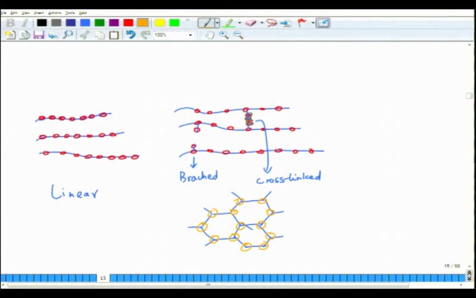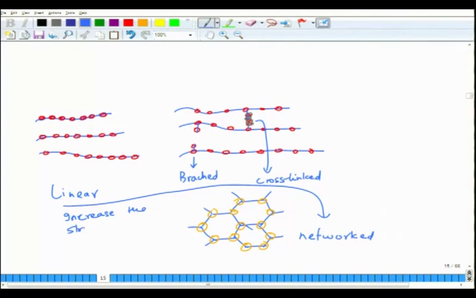And as you go from here to here to here to here, you increase the strength and hardness.